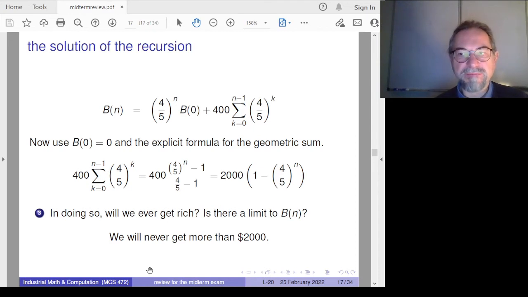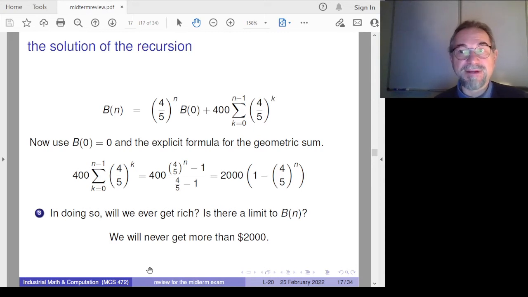That means that we have minus 1/5, which means that we're going to multiply the 400 by 5. That gives us the 2000, actually minus 2000, but we will flip the sign of the numerator. So the final result, we write 1 minus 4/5 to the power n.